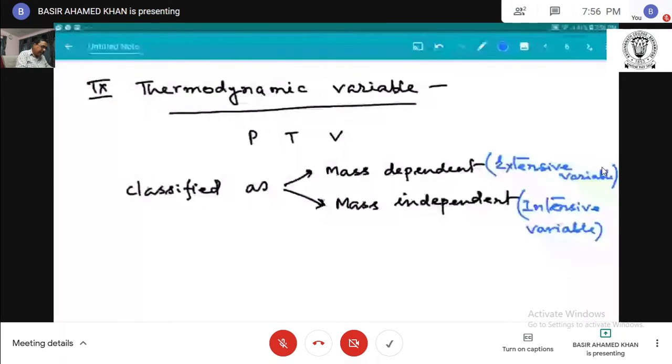Now here we try to understand the variable with an example.